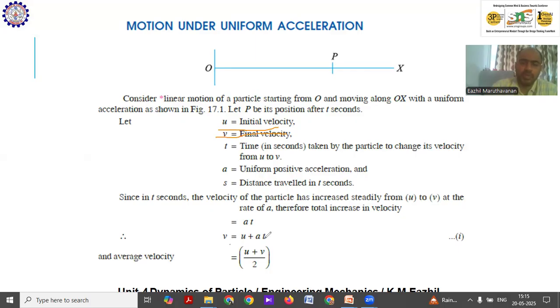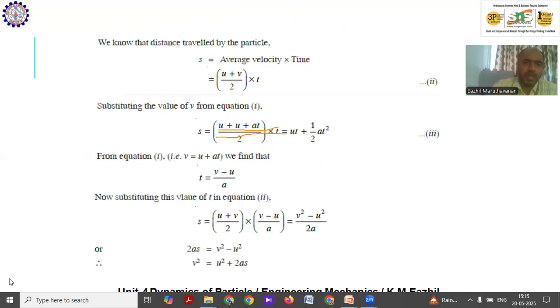Therefore, v is equal to u plus at. For average velocity, we calculate u plus v by 2. The distance traveled by the particle is average velocity into time. We get the formula s is equal to ut plus half at square.